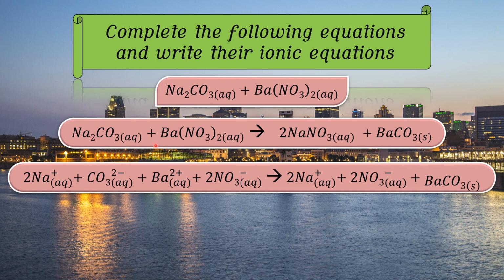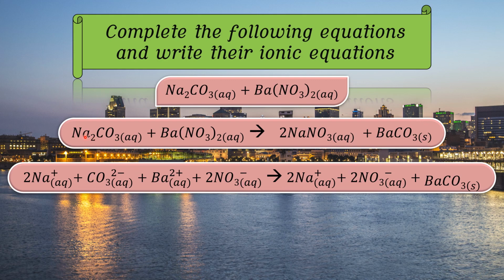So when sodium carbonate reacts with barium nitrate, we get sodium nitrate and barium carbonate. Here, all the aqueous solutions, we shall get the ions from there. But barium carbonate is a solid. Solids, liquids, and gases do not form ions, so we shall not get ions out of it.